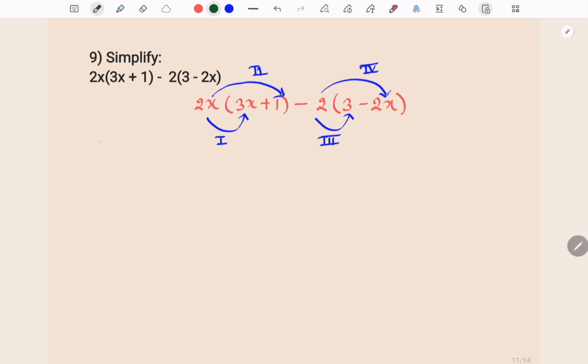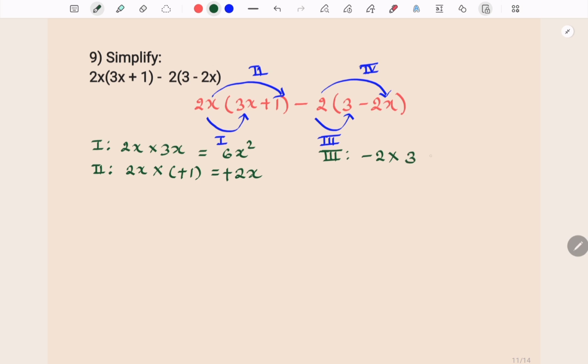Now let's do them one by one. First multiplication would be 2x into 3x. 2x into 3x gives 6x squared. The second multiplication would be 2x into plus 1 gives plus 2x. The third multiplication would be minus 2 multiplied by 3.